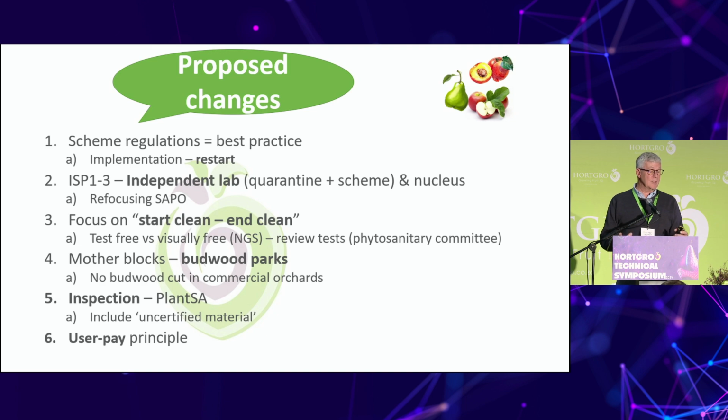So include that within the process, so that it is also audited, so that you have a differentiation in terms of whether you want to go for an elite, a certified product, where you know it's been tested for viruses, or just a standard that hasn't been tested but is visually free of diseases. So, based on a user pay process, that's the plan.